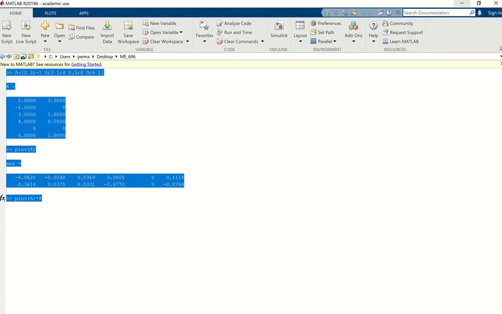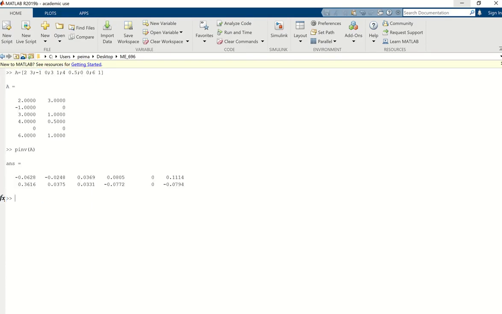Oh, what happened? See, it's going to be 2 by 2. Just write this, but from the left. pinv(A) times A means the pseudo inverse of the Jacobian times A.